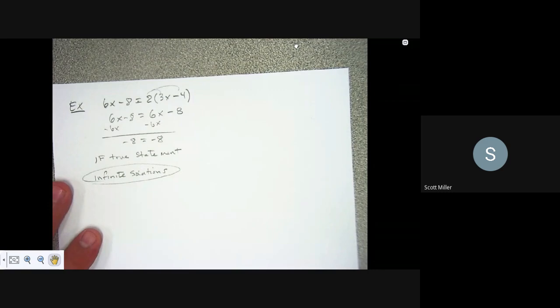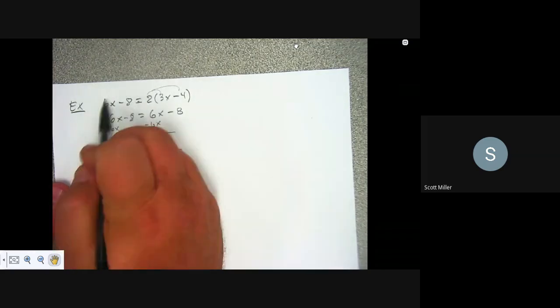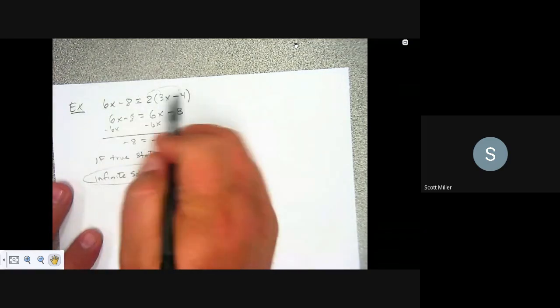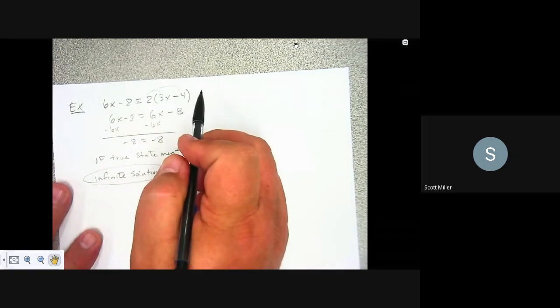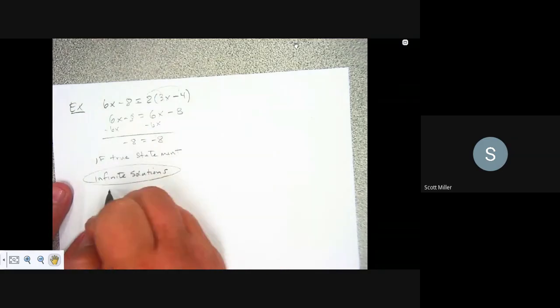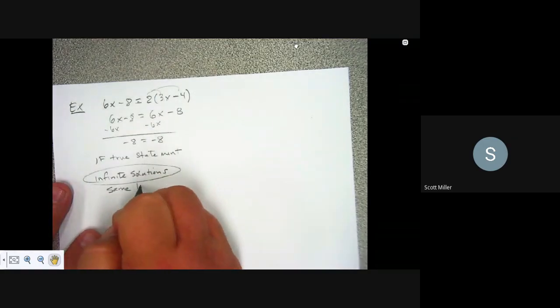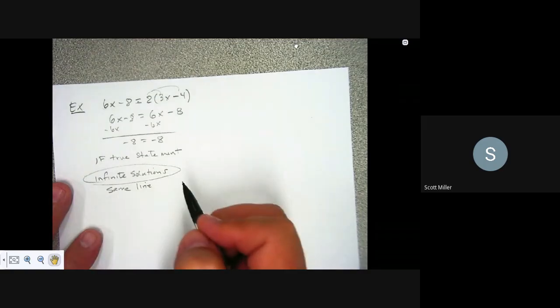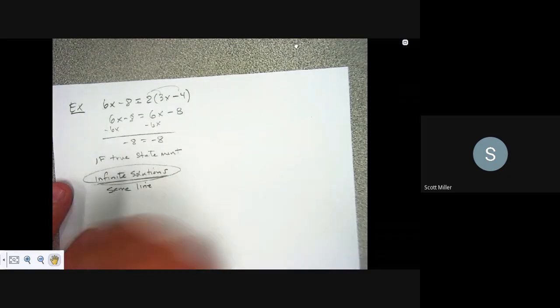Why? If you think back to 3.1, where we graphed this side as a line, graphed this side as a line, and saw where they intersect, these are literally the same line. So they intersect at every single point. That's why there's an infinite number of solutions.